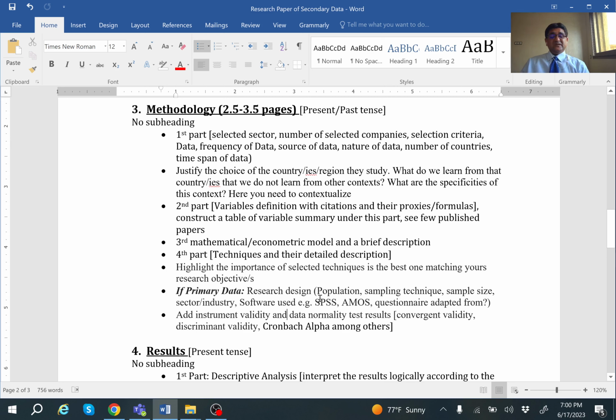If developed, validity is checked through content validity and face validity. Then they have to check the different validity of the instrument, like convergent validity and discriminant validity, and they have to report the reliability of data, like Cronbach's alpha, and the results of validity of the instrument in this part.